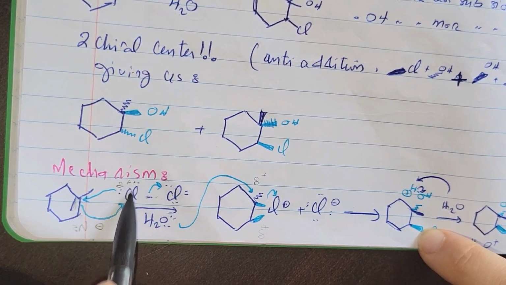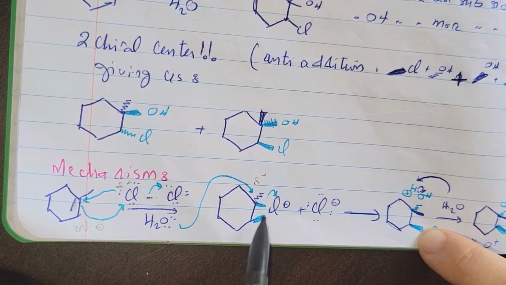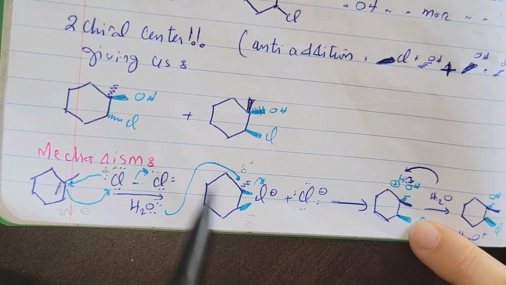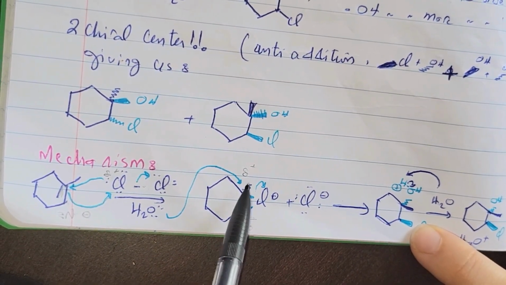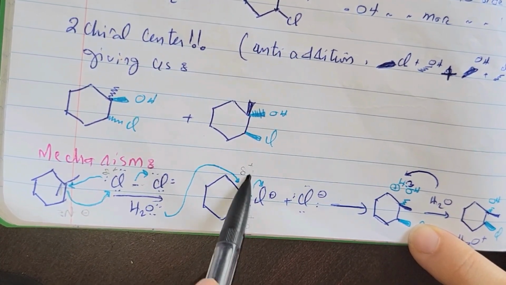So the lone pair of the chlorine atom is going to attack the other carbon, making a bridge. Since we have a bridge, we have two carbons which are partially positive each.